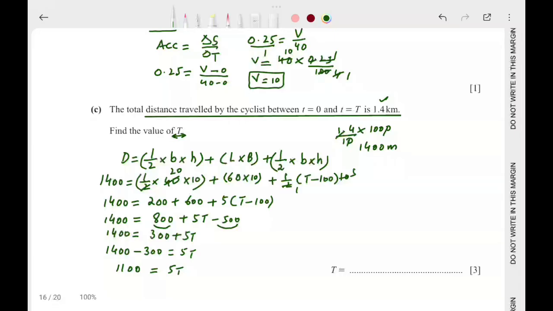As this is a paper 1 question and we cannot use calculators, we'll divide it. 5 times 2, 10, will minus, will drop this 0 here, 5 2s are 10 and this 0 would be here. Okay, so the time would be 220. Next question.